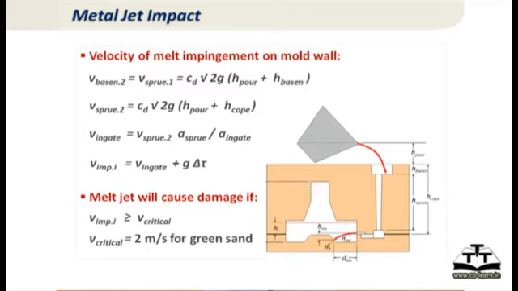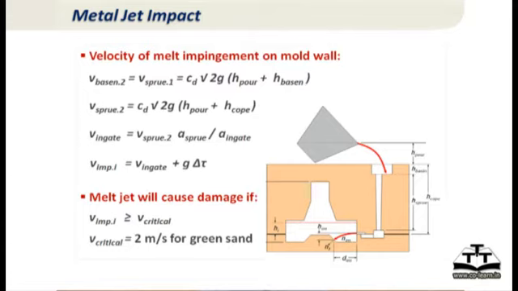We look at the head in the pouring basin. If you are pouring from a ladle, we have to add the ladle height also, which adds additional head of metal. Let us say that is H pouring plus H basin, and that gives us the total velocity at the bottom of the basin as root over 2g (H pour plus H basin).